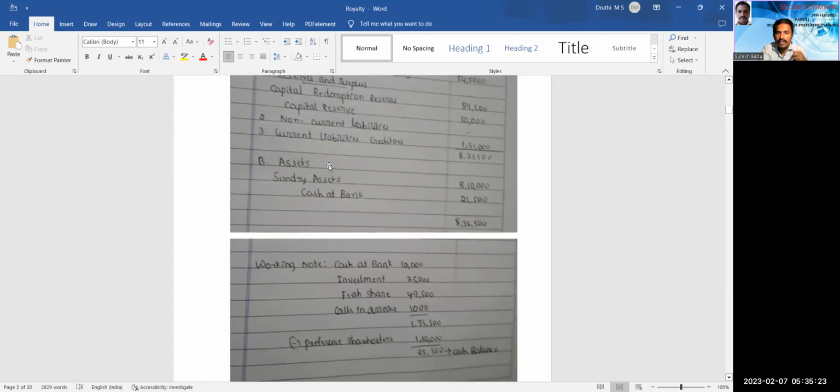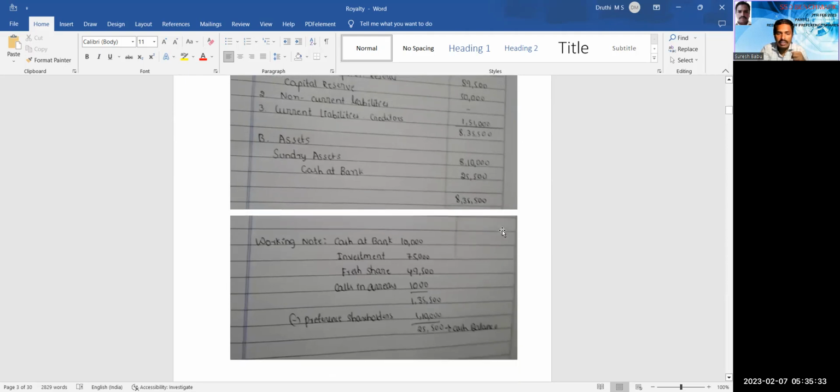Assets. Okay. What is sundry assets? 8,10,000. Cash at bank, 25,500. Total 8,35,500. How do you get it? Okay. So working note: cash at bank was 10,000. It's there in the balance sheet. Investments you are selling, you are realizing 75,000 rupees cash, 85,000. Okay.